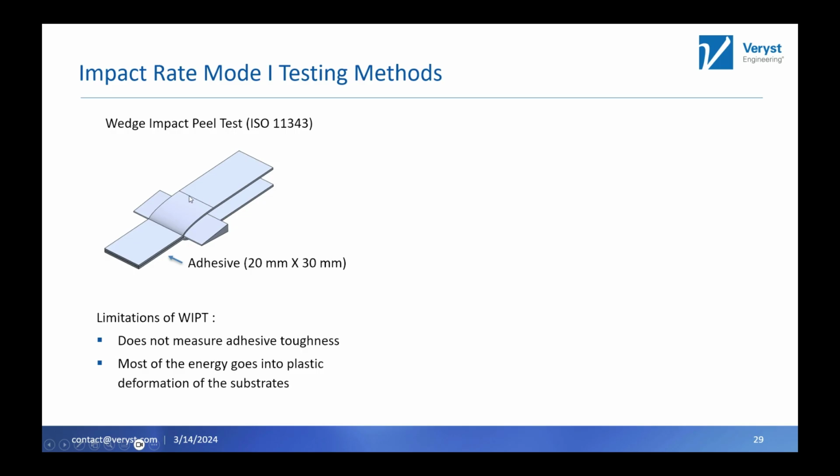You're measuring the performance of the adherends as well as the adhesive joint. There are a lot of different sources of energy dissipation in the mechanical loading, and it's impossible to differentiate between what's deformation of the adherends and what energy is being dissipated by the adhesive joint itself.